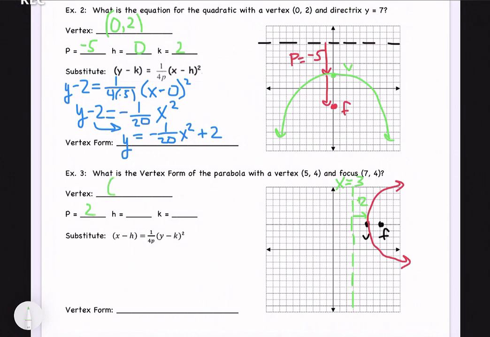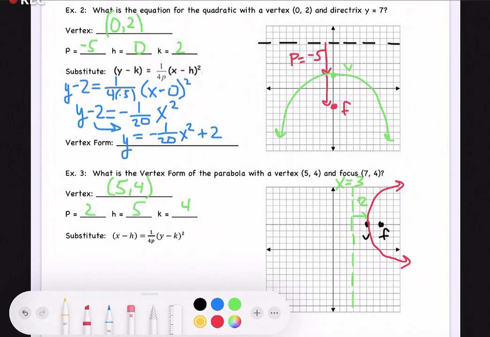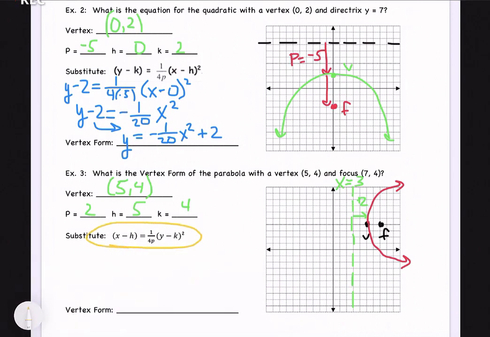We were given our vertex as 5, 4. So that means h is 5 and k is 4. Now, if you'll notice, we have a different equation for the parabola because it's sideways. So now the x minus h and the y minus k flip.